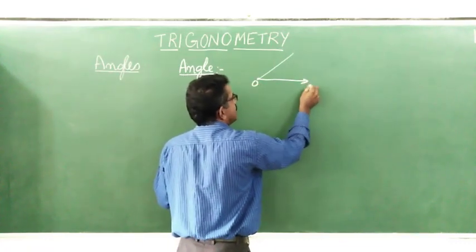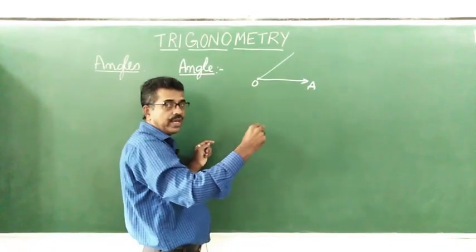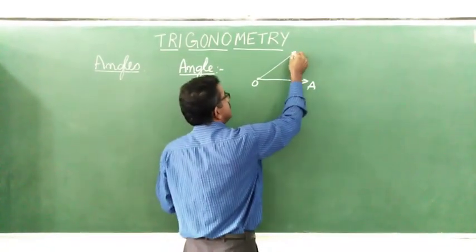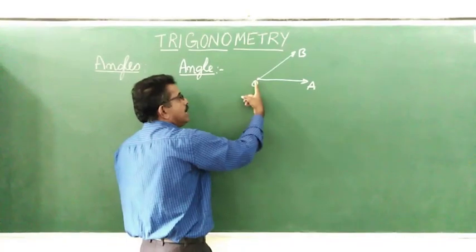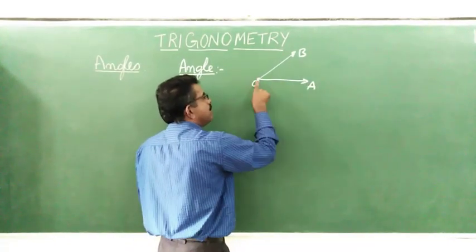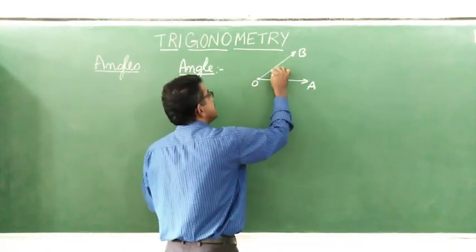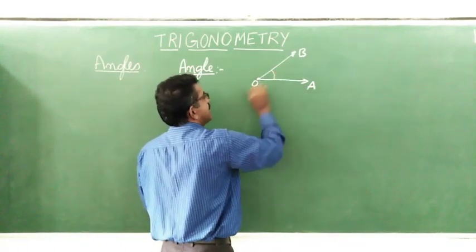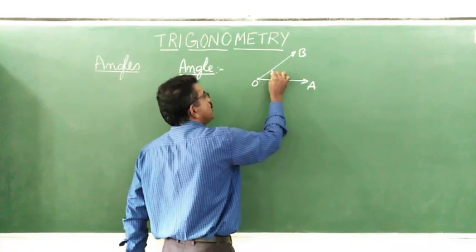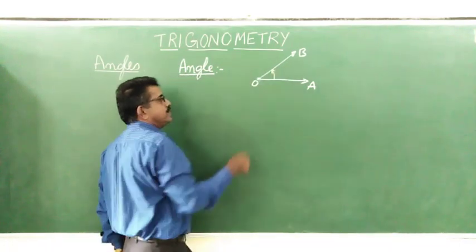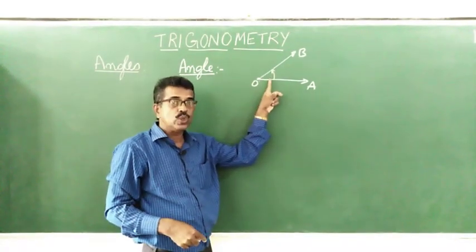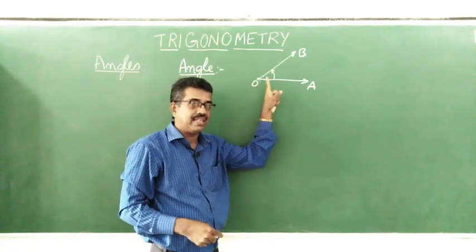I call one OA, and the other one OB. If there are two rays meeting at a point O, we simply call that form an angle. So this is an angle. This can also be denoted like this. This is the proper way of denoting or drawing an angle.